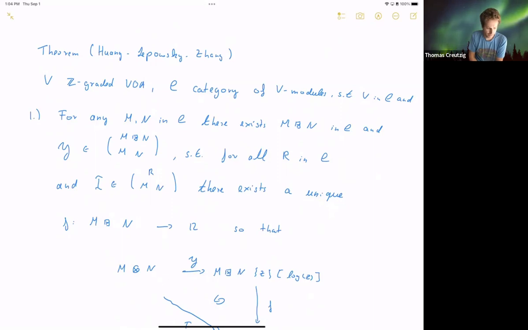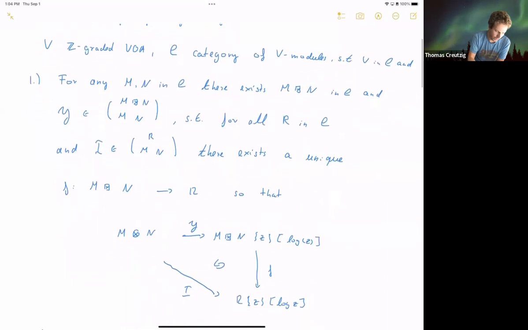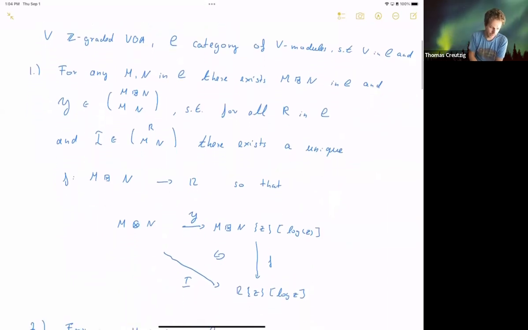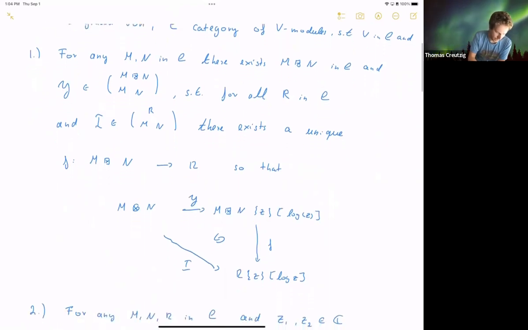The main theorem is that under certain conditions, a category of VOA modules has a tensor category structure, and it has 2 conditions. The first one is you need universal intertwining operators. That means your category has to be closed under what you want to be your tensor product. Here I wrote it down. I think we will upload the slides later.